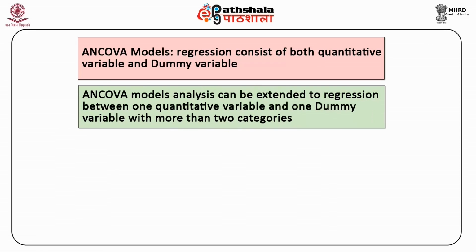ANCOVA models may consist of regression of one quantitative variable and one dummy variable with two categories, or it can be extended to regression between one quantitative variable and one dummy variable with more than two categories. Also, more than one quantitative as well as qualitative variable can be incorporated in the regression model, which will produce some interaction effects.